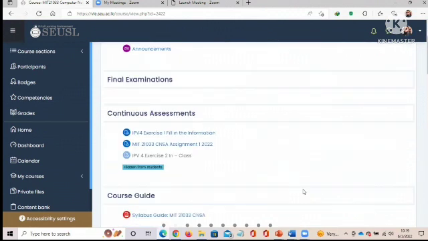Do the IPv4 exercise 1, then upload the answers to the VLE.